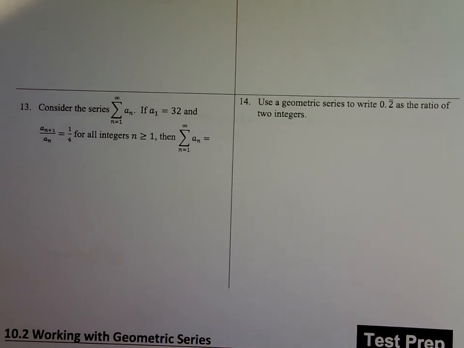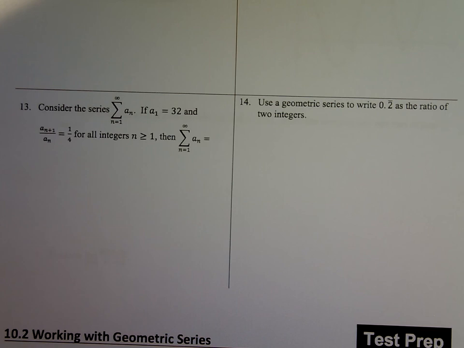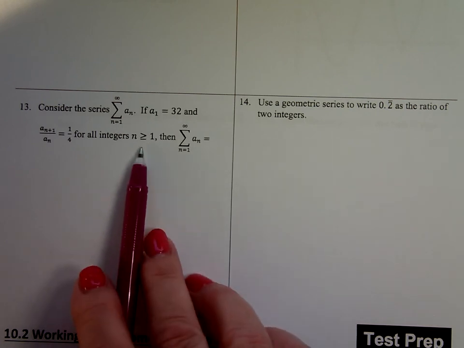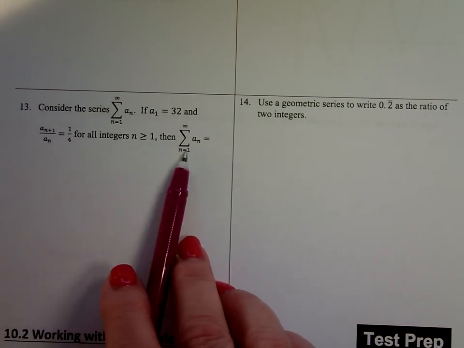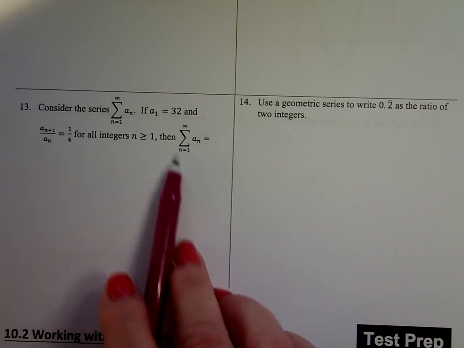If a sub 1 is 32, and a sub n plus 1 over a sub n is 1/4 for all the integers where n is greater than 1, then what is the sum of a sub n going from 1 to infinity for this thing? What's the function?